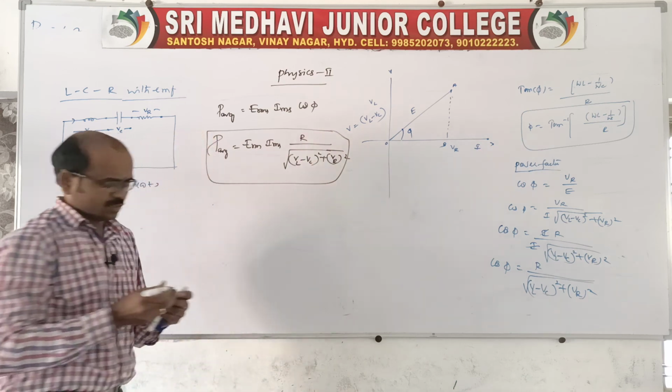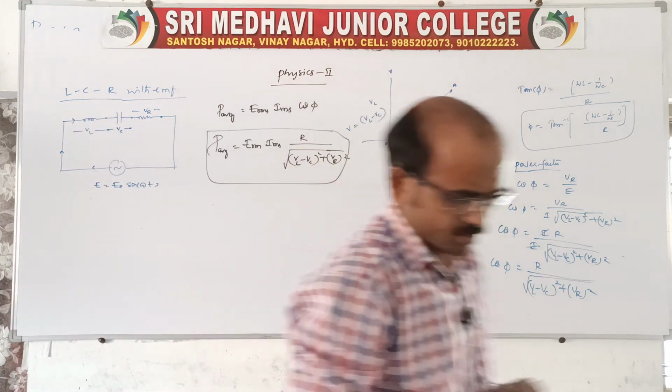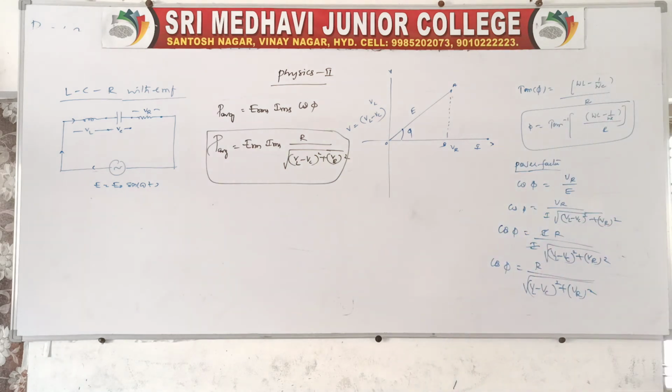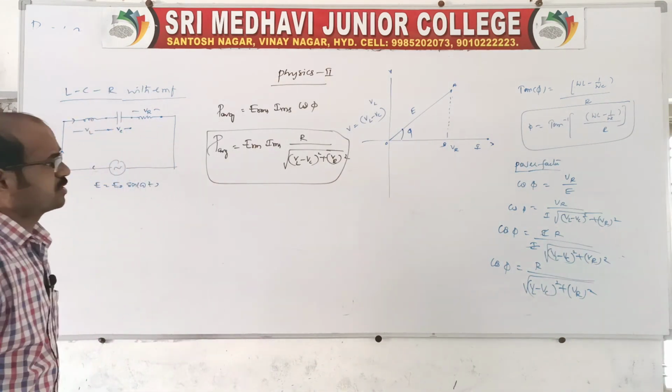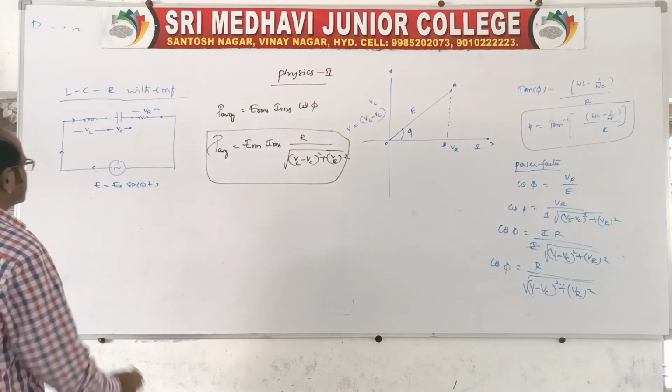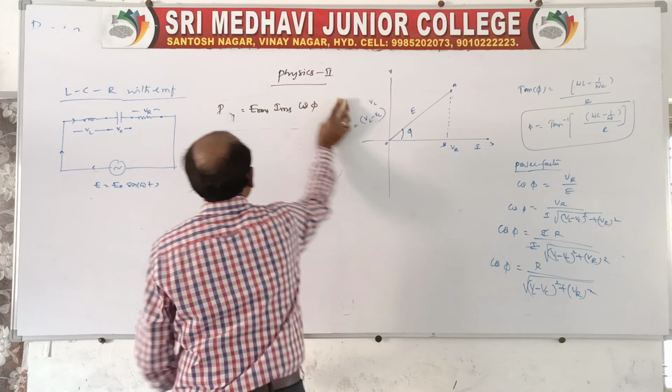So these are the conditions related to when VL is greater than VC, and again we have another one, that is VC greater than VL. Okay. The other condition is VC greater than VL, in the case of an LCR circuit only.